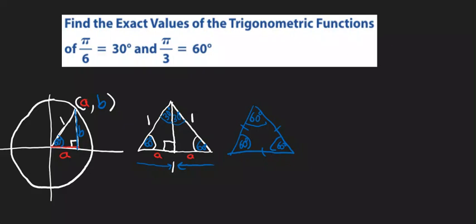So we are going to find the coordinates A and B, and we are going to use this to find our trigonometric functions when the angle is 30 degrees and 60 degrees.